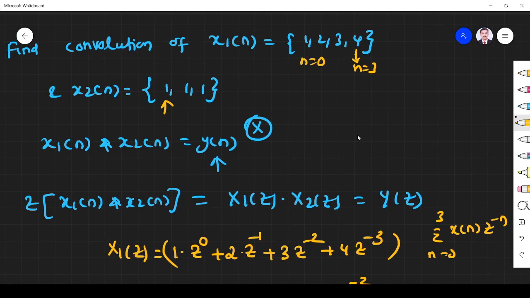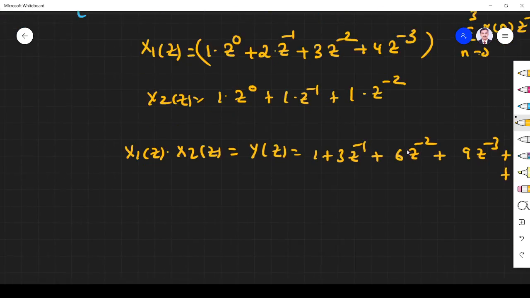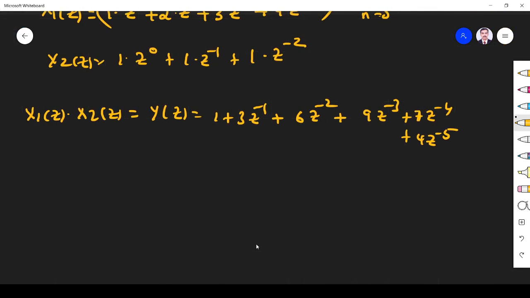The convolution of x of n star h of n, that is y of n, is what I want. So how can I get y of n? Take the inverse transform. We compare this with x of 0, z power 0, x of 1, z power minus 1, x of 2, z power minus 2, x of 3, z power minus 3.